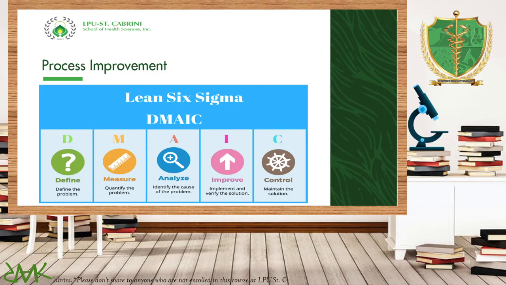We already have the solution, but the execution of the solution and the controlling and maintaining of the solution is the problem, because we were not able to maintain and execute the solutions that we have. Okay, using these Six Sigma principles will help us to define the problem and make and maintain the solutions that we have for a specific problem.